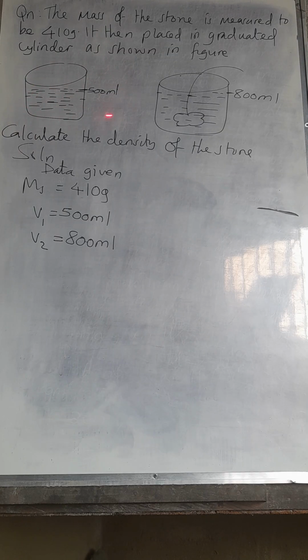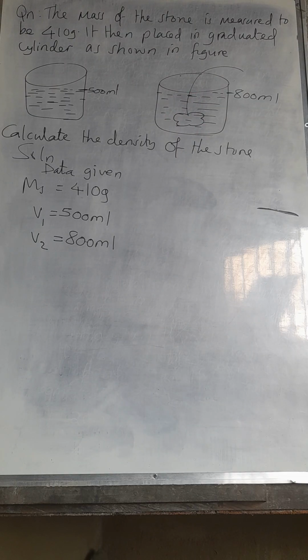The initial volume of the liquid was almost 500 mL. But after the stone is placed inside the liquid, the volume rises to almost 800 mL. What is the cause of this volume rise? It is because the stone is inside. So the difference between this and this is the volume of the stone.